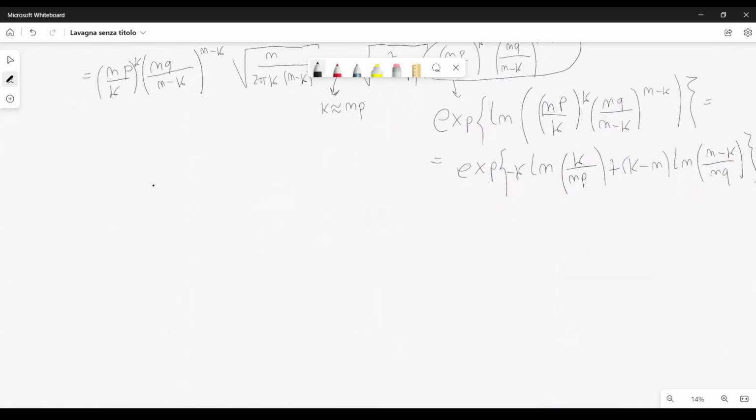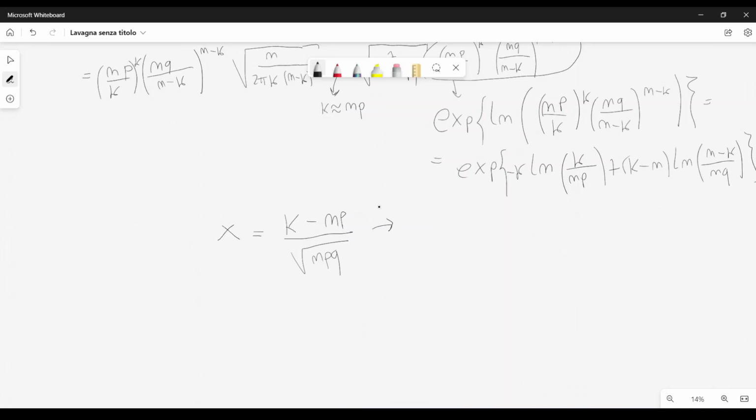And now we will consider a substitution. So I will define the variable x, which is another random variable, and it will be equal to the variable k minus np divided by the square root of npq. So I have simply subtracted the average from the variable k and also divided by the square root of the variance, or if you want, the square root of the variance is the standard deviation.